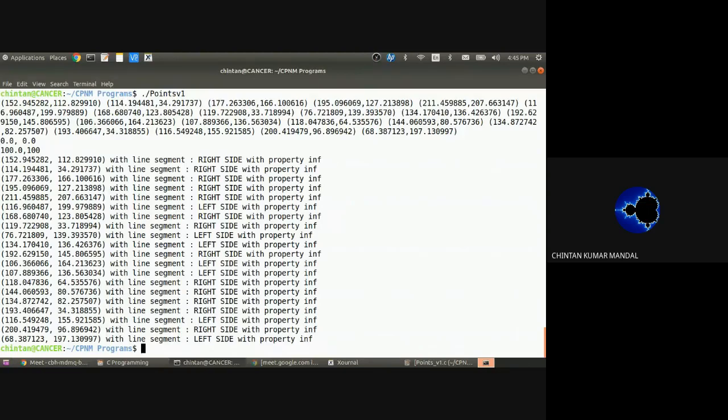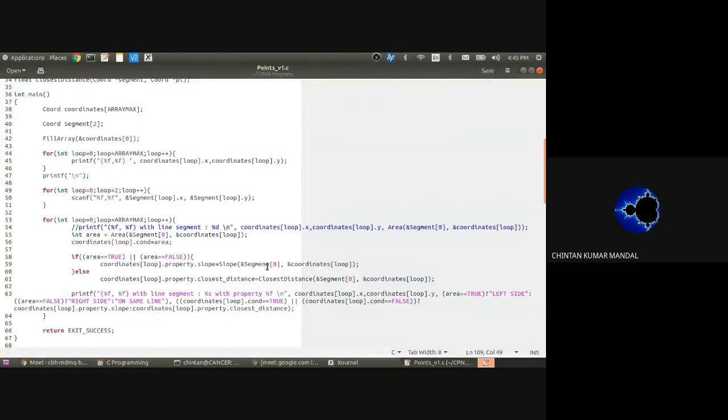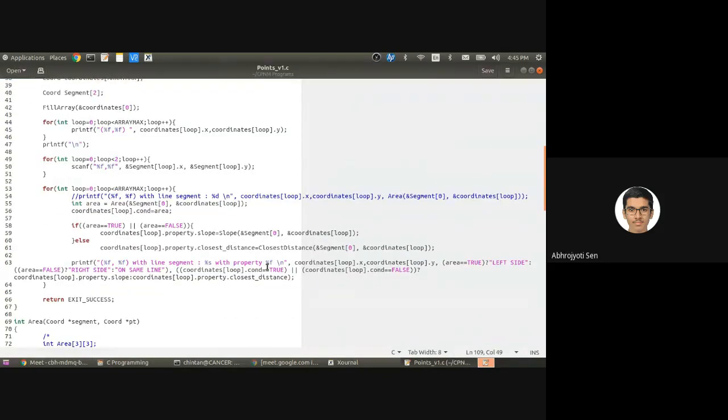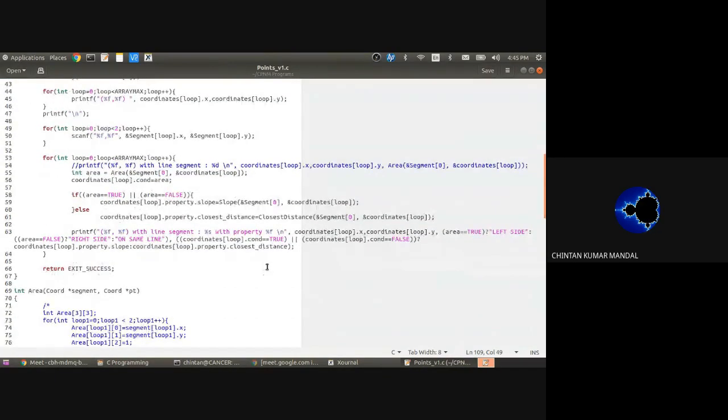Oops, all of them are infinity. All of them are coming as infinity. Please show the code once. So what I'm actually printing is something like this. So this was the left side assignment, right? This was all right, right?